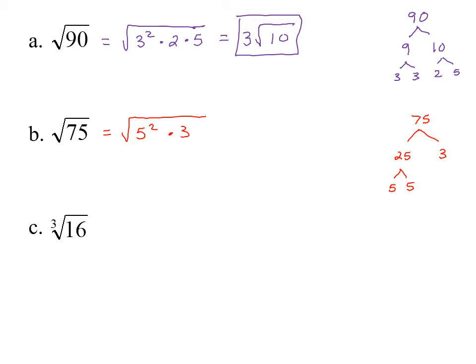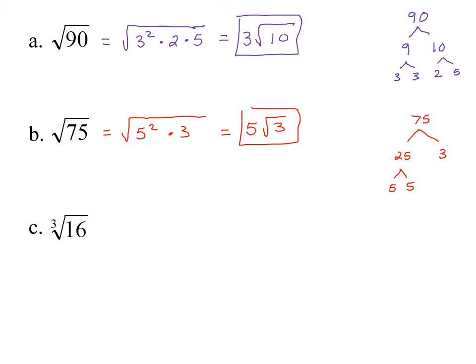That power on the 5 matches the root. You're taking a square root. So the square root and the square match, so you pull the base out in front. And the 3 gets left over. And that's your answer. For those of you going into college algebra after this, this is about where college algebra picks up, so you'll see the same sort of thing at the beginning of college algebra as well.